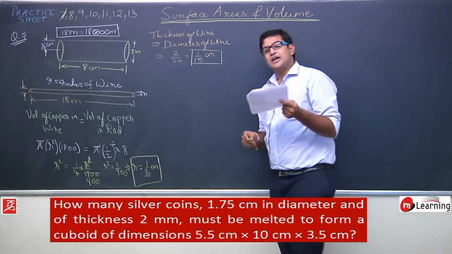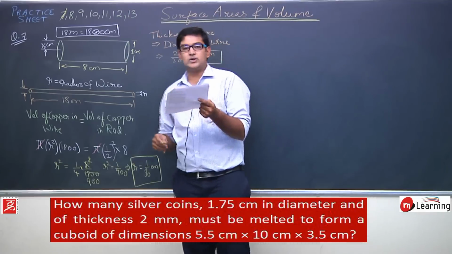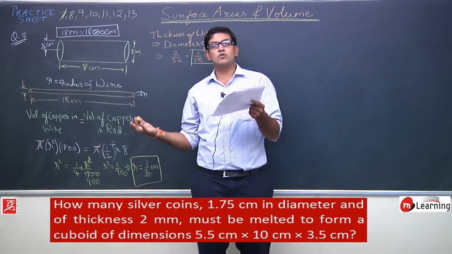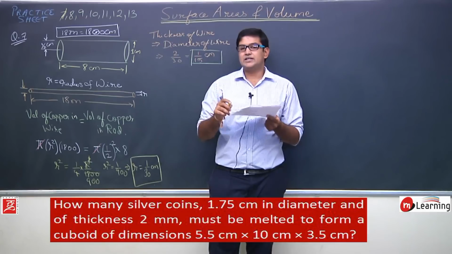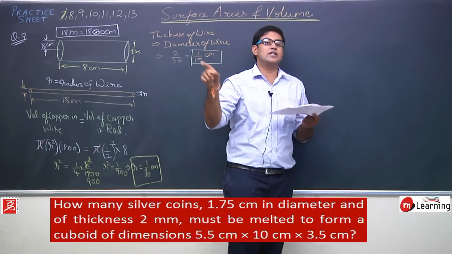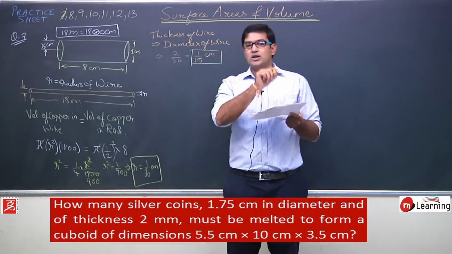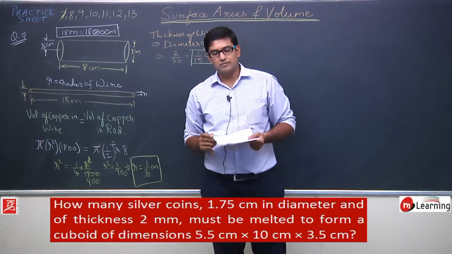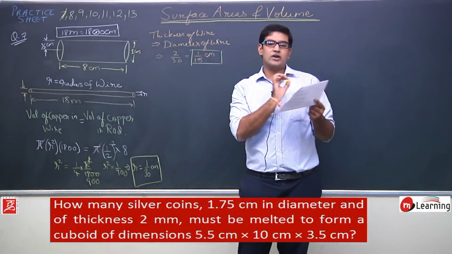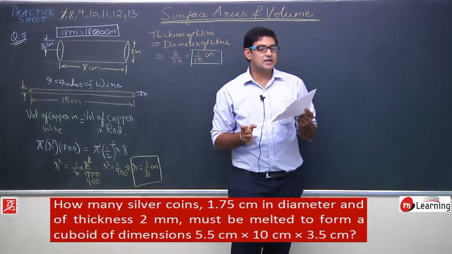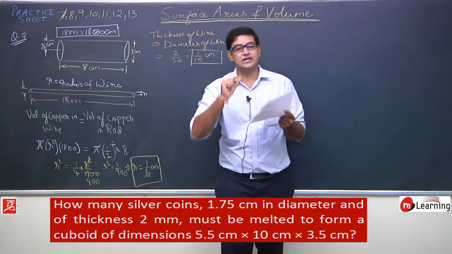So it says that how many silver coins should I use to make a cuboid, and the dimensions of cuboid are given. It means the silver that is contained in the coins should be used to make the cuboid. Okay. So obviously I cannot use only single coin to make such a big cuboid, because the silver coin is very small. It is 1.75 centimeters in diameter and just 2 mm in thickness.